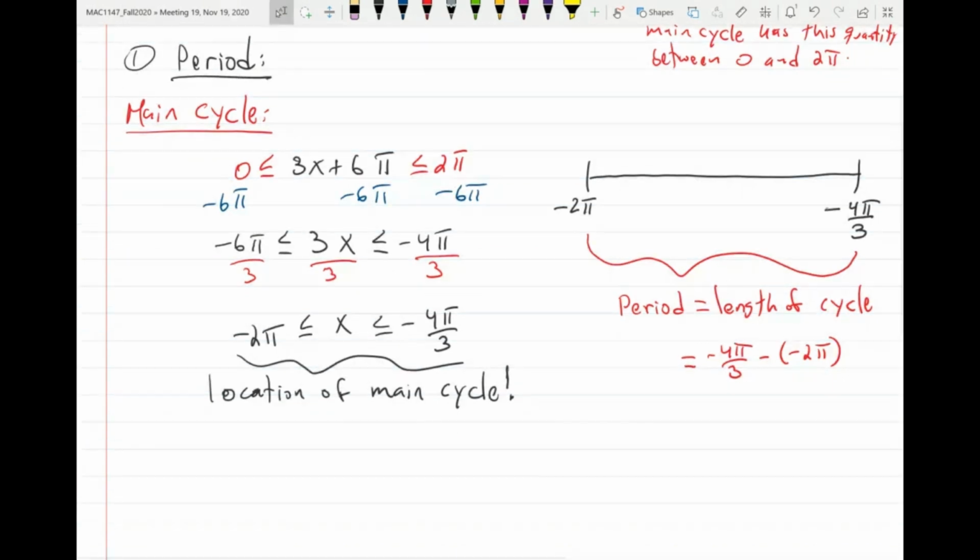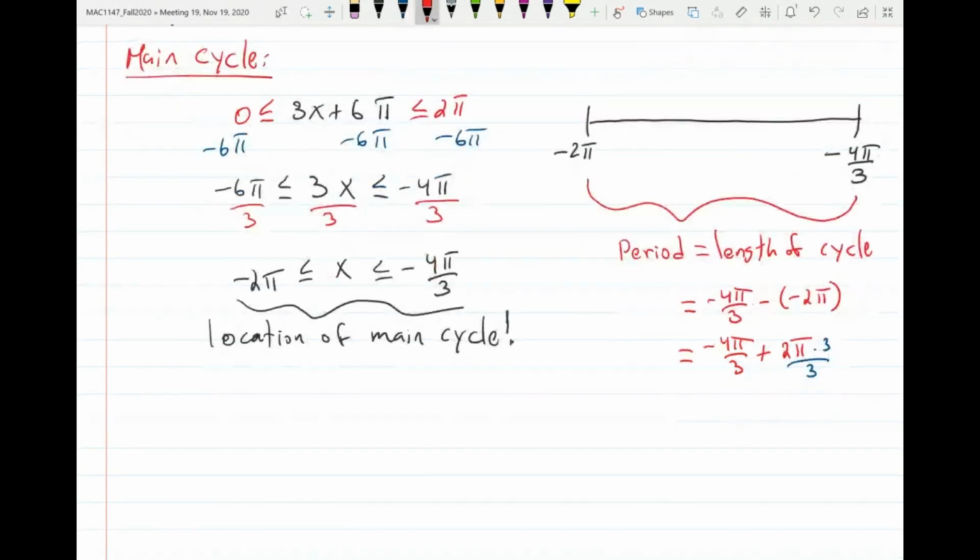Okay, so then what would be the period? The period would be negative 4 pi over 3 plus 2 pi. And to add these, we multiply top and bottom by 3. So we get 6 pi minus 4 pi, that's 2 pi. So we get 2 pi over 3. That's our period.